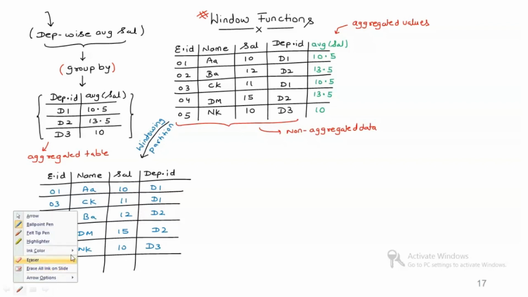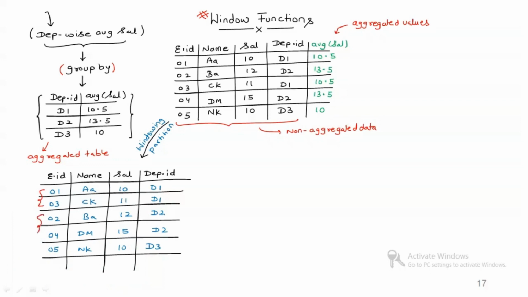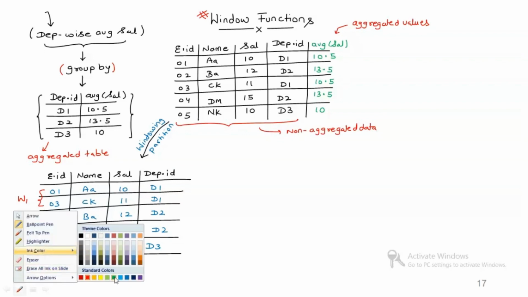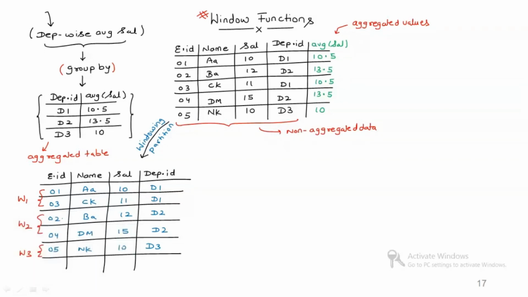If you carefully observe, we have created buckets, and these are known as windows. This is window 1, window 2, window 3, and these are known as partitions. So this is a partition and this is another partition. We have created 3 windows in our table.